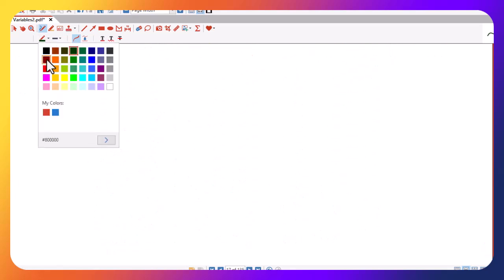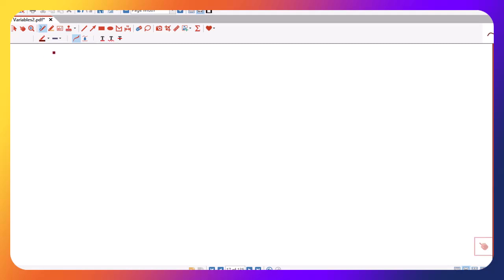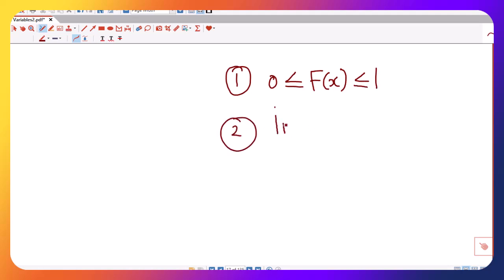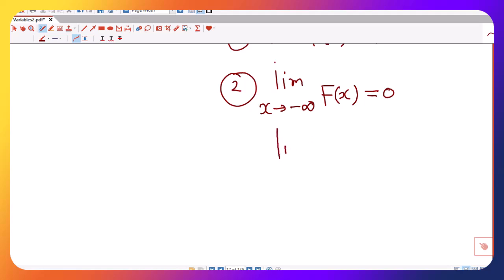First property is that value of distribution function is always in between 0 and 1, and limit of distribution function as x approaching to minus infinity is always 0, and limit of F(x) as x approaching infinity is always 1.